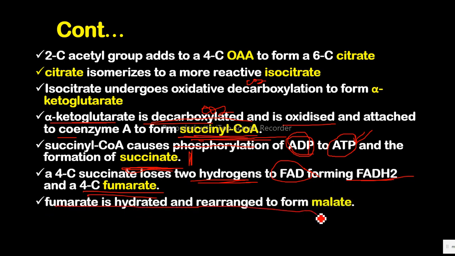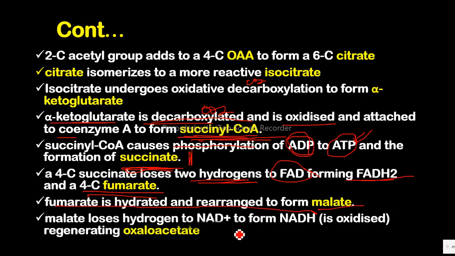Fumarate is hydrated and rearranged to form malate, and finally malate is oxidized. This is not decarboxylated; you no longer lose any carbon dioxide here. It is just oxidized by losing hydrogen ions to NAD to form reduced NAD, and itself turns into oxaloacetic acid, OAA.